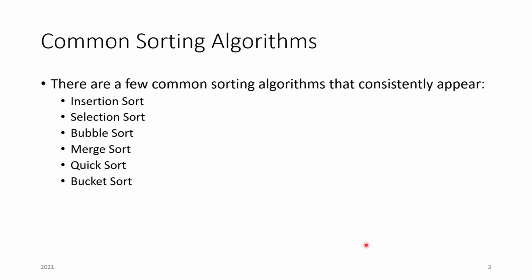These 6 sorting algorithms consistently appear throughout any programming that you may do, and in interviews and assessments, you will always be assessed on any one of these 6 sorting algorithms. Insertion, selection, and bubble have traditionally been the most popular, but as the need for efficiency grew, merge sort, quick sort, and bucket sort became the new popular ones.